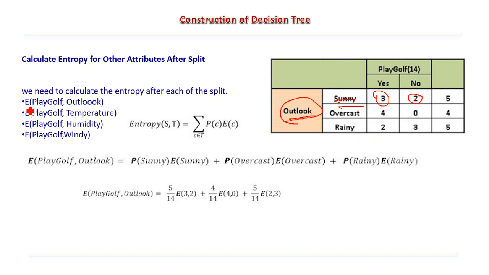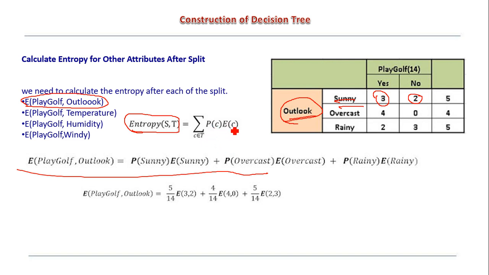So like this we need to take the combination of all the categories: entropy of play golf comma outlook, entropy of play golf comma temperature, and the humidity and the windy. So we need to calculate like this. The simple thing here is to move to more than one attribute. We have seen entropy only for a single attribute; for more than one we need to calculate this.